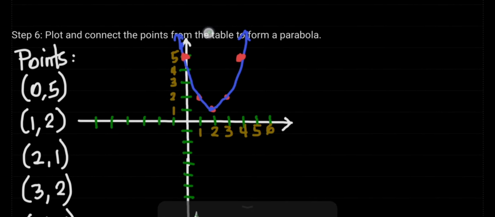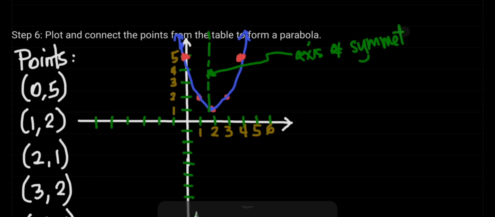And this is the axis of symmetry. The equation is x equals 2.